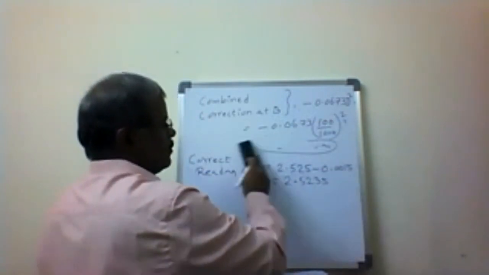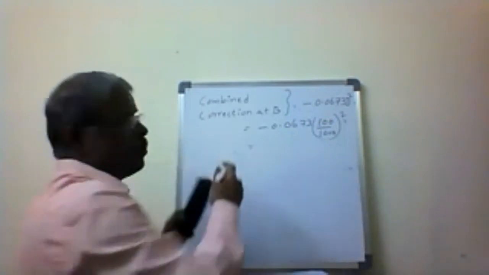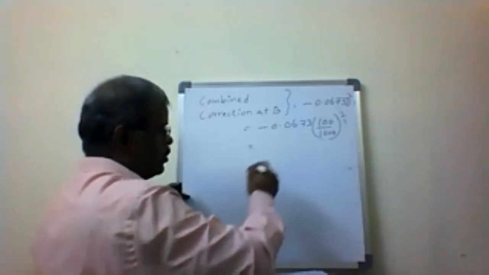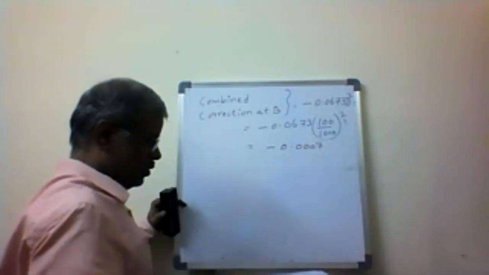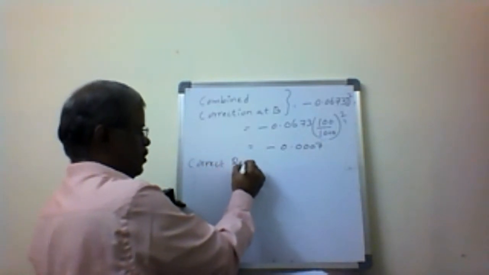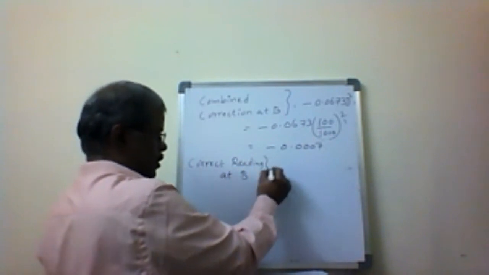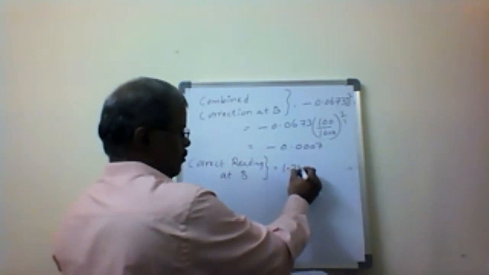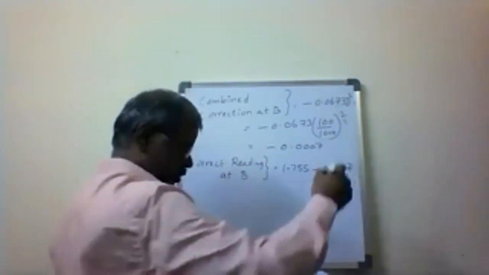Then the value of the combined correction at B is minus 0.00067. Then the correct reading at B: the staff reading is given as 1.755 minus 0.00067.